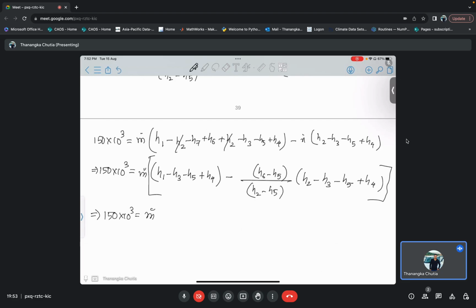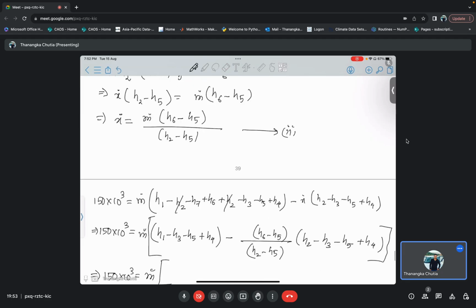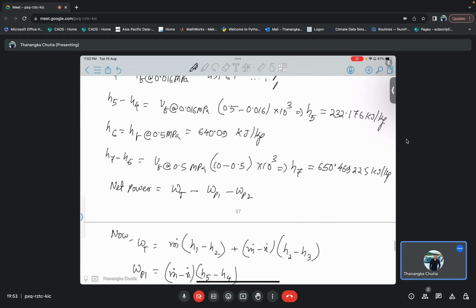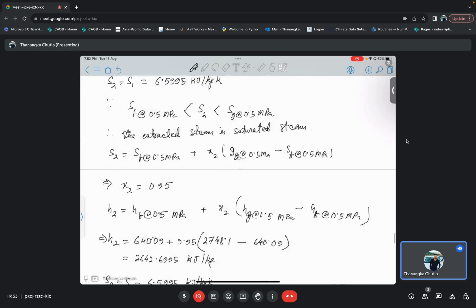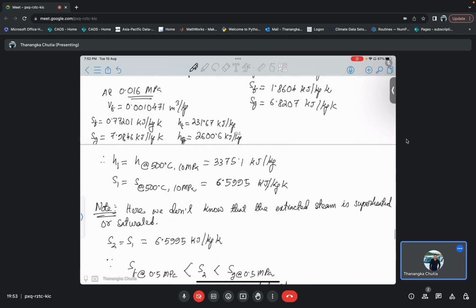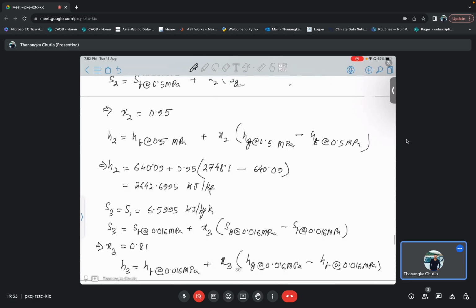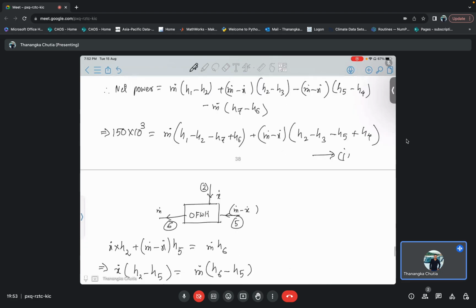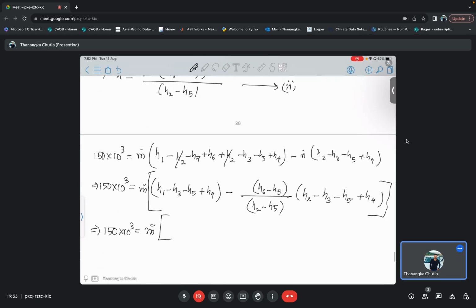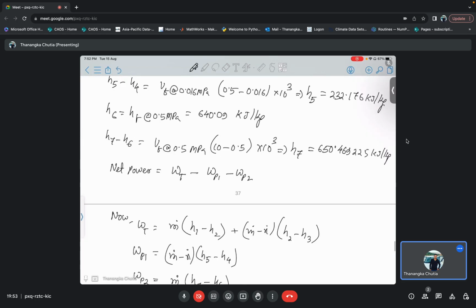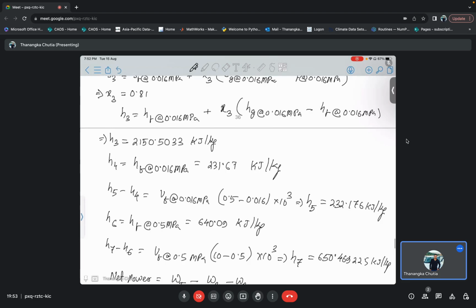150 into 10 to the power 3, so let me check this one. H1 minus H3: H1 is 3375.1, H3 is 2150.5033.